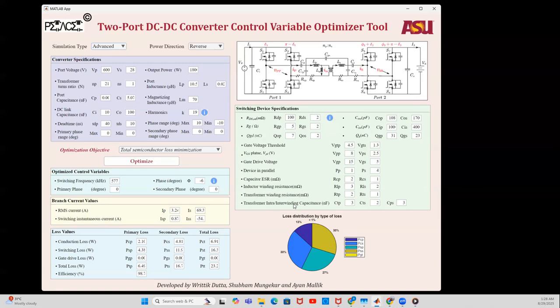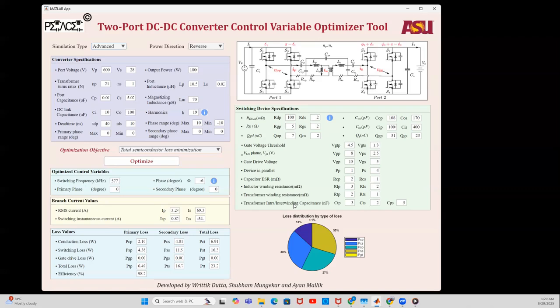Once those control variables are input there, it generates the port voltages and the port currents, that is VP, VS, IP, and IS.